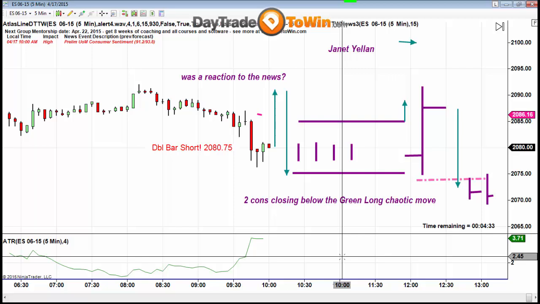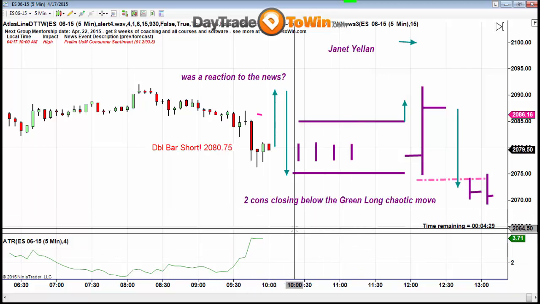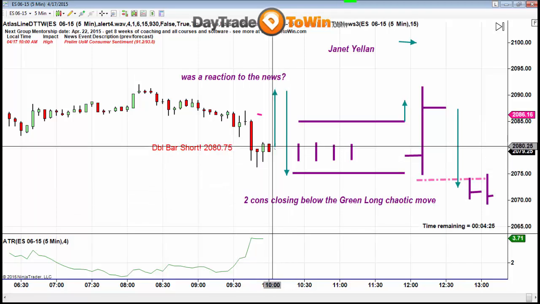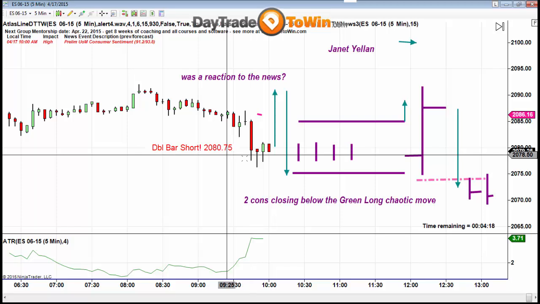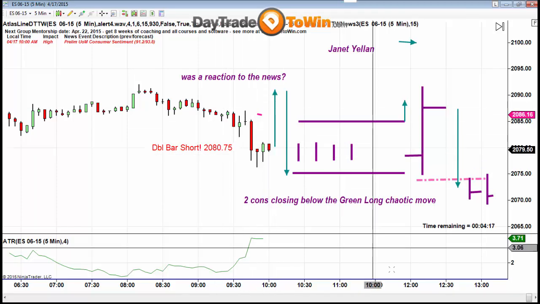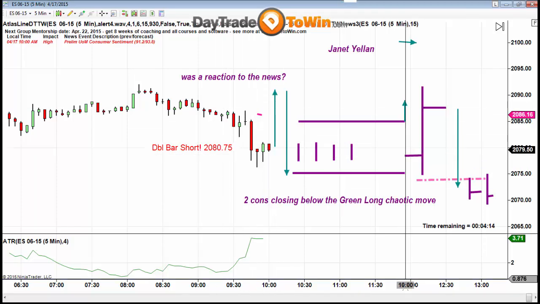So if you go short, anyone who has the Atlas line, or any method for that matter, ATO or the blueprint, any of the methods that I teach or anything that you're trading, you have to understand that when there's a reaction, this market may jump, and it has nothing to do with what you see here. It's just a blatant reaction to the news.